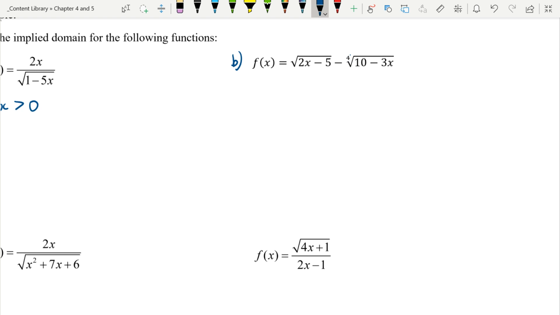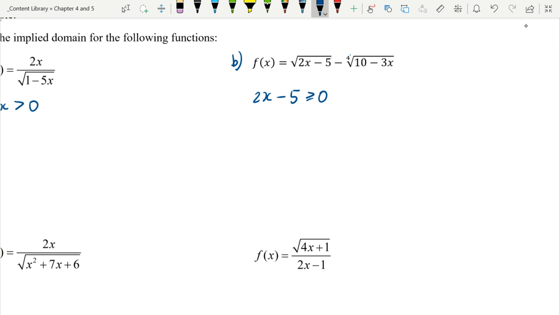So what are the 2 equations you can give me? 2x minus 5 needs to be what? Yep, greater than or equal to 0.